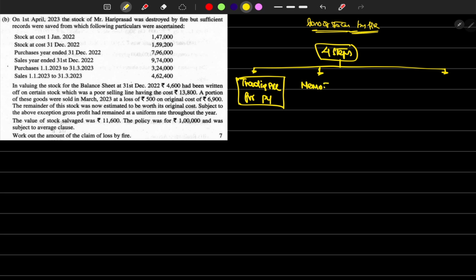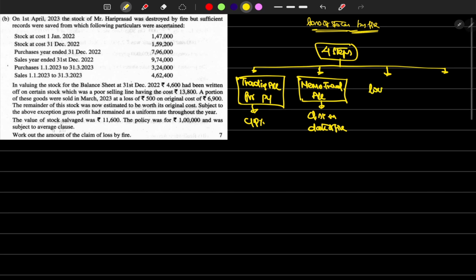Then the memorandum trading account till the fire date. This will give us the closing stock on date of fire, and the previous year will give us the GP percentage. Then we find the loss of stock by fire, then we calculate the claim amount. That's it, a 4-step problem.